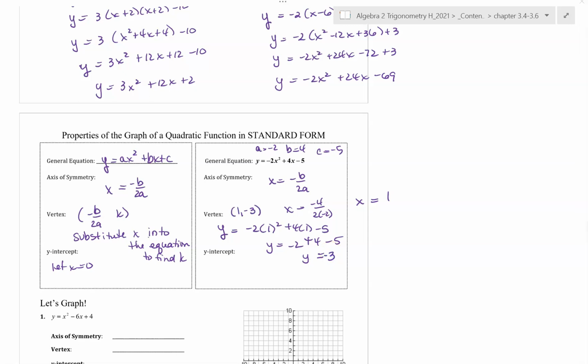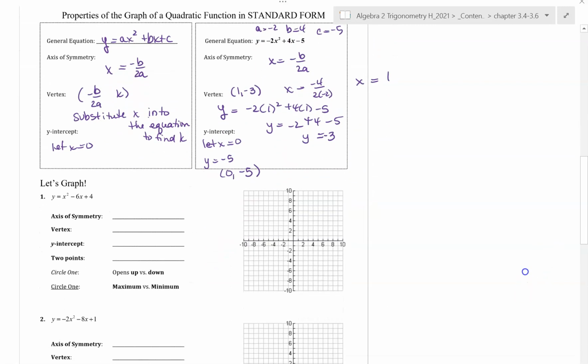When you substitute 1 for x, you end up with y equals negative 3, so the vertex is 1 comma negative 3. And now for the y-intercept, we're going to let the x equal 0, and you get negative 5. So the y-intercept is 0 comma negative 5. Okay, great job.